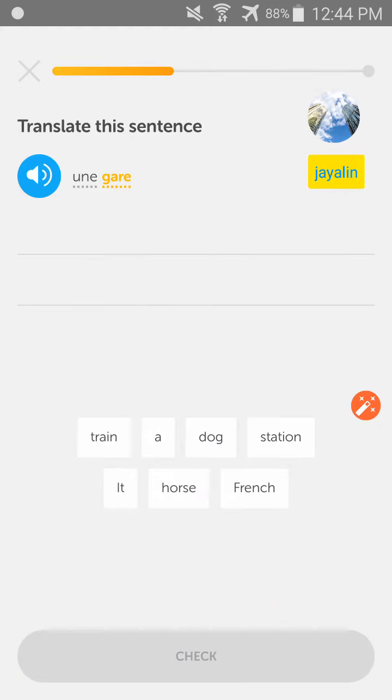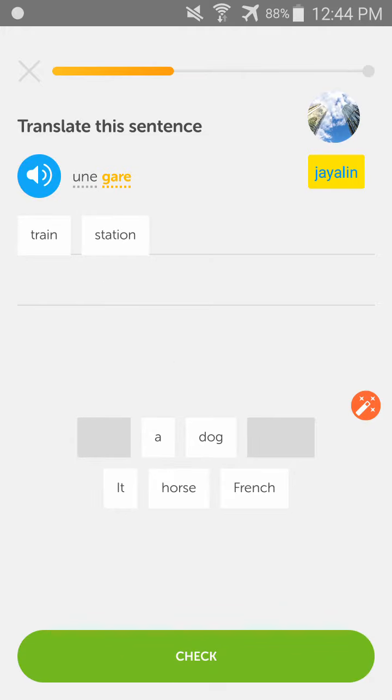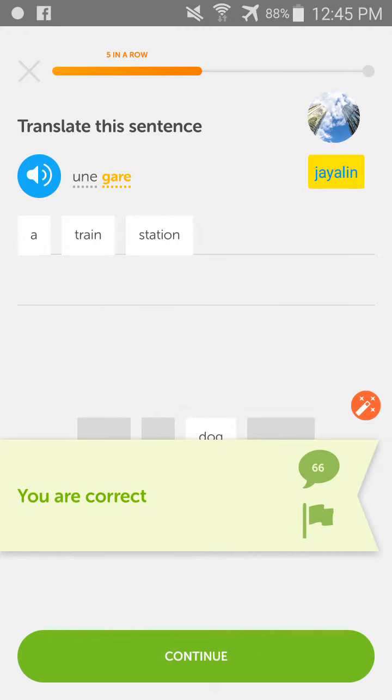Une gare. Well, there we go. A train station. So by looking at this, gare is a feminine type. The reason why is because they use une gare. So therefore it's la gare, a train station.